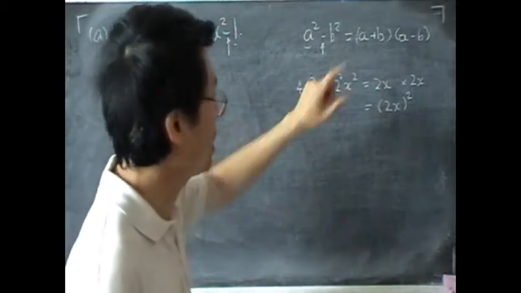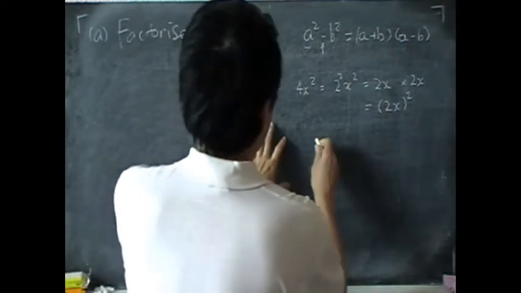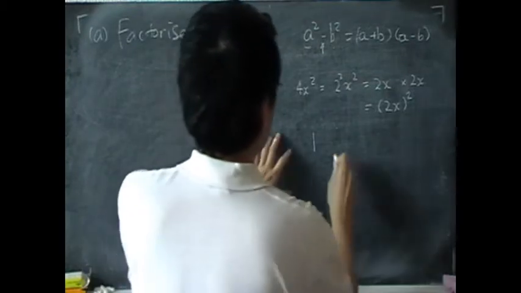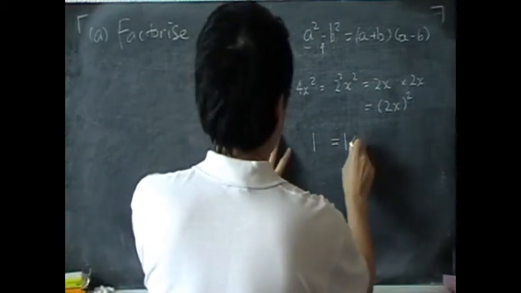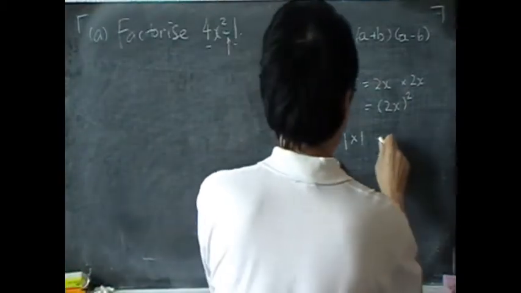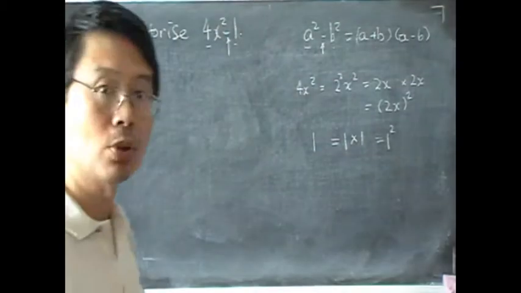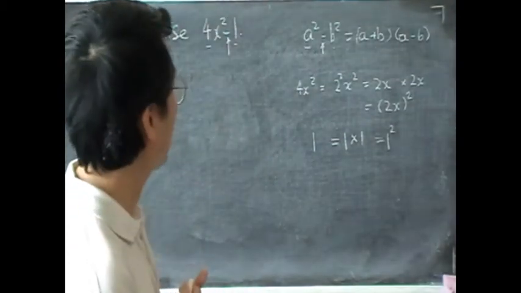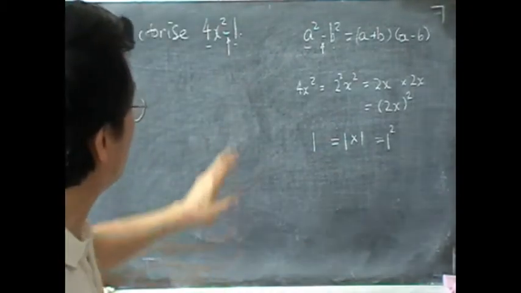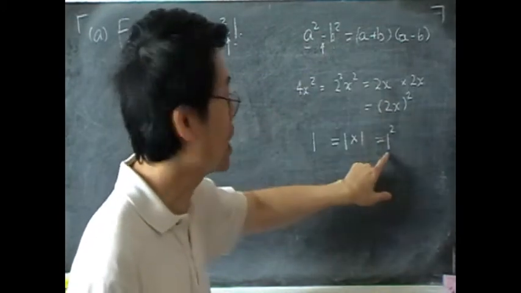Alright, so again, b can be any number or expression. Well, we can, because 1 is really the same as 1 times 1, which is 1 squared. So once again, this is something that you would know from practice and from looking at such examples. So therefore, 1 can be b squared as long as b is taken as 1.